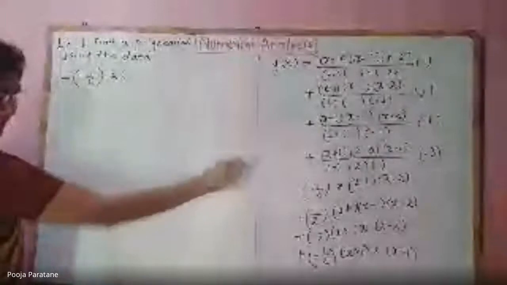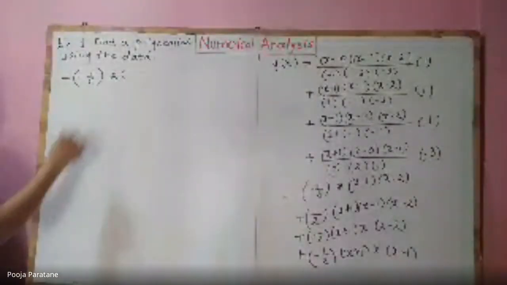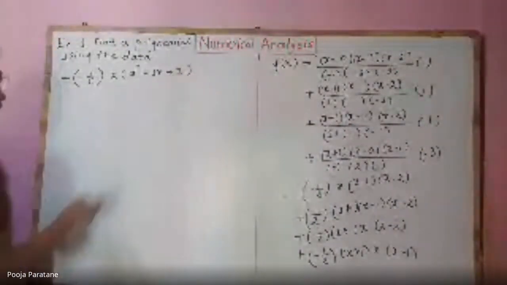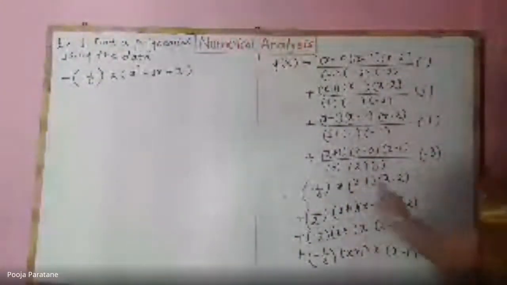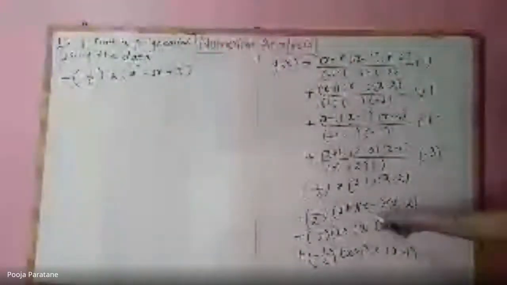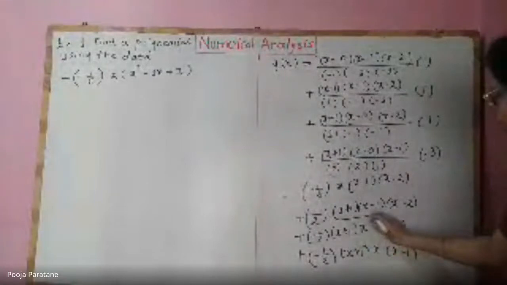Put it in bracket. Now I am multiplying the corresponding two brackets. Now x minus 1 into x minus 2 is x square minus 3x plus 2. This first term we are doing. Now here next, this is easy for me: plus 1 into x minus 1.